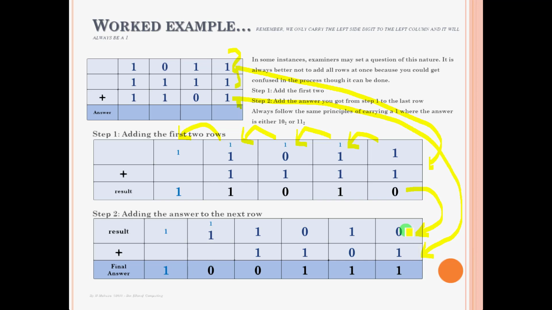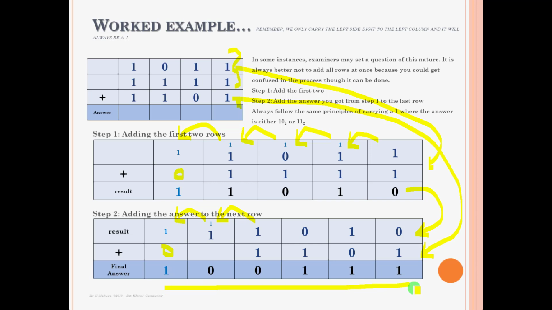So 0 plus 1 is 1, and 1 and 1 is 0, carry 1, and then here again 0, carry 1, and then you have this 1 here which we bring down here, and this is our final answer.